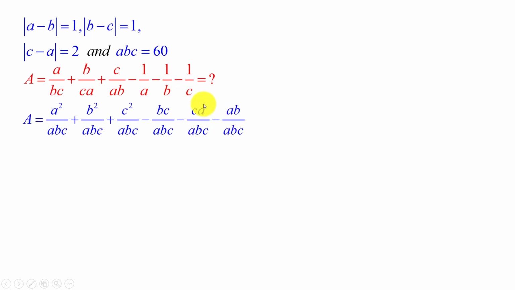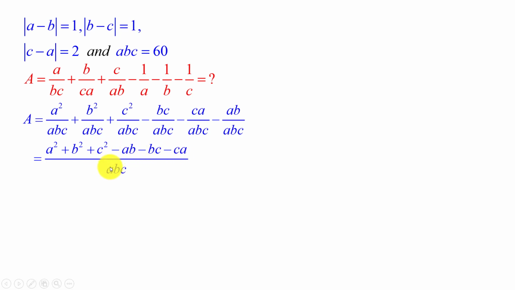We see they have the same denominator, so we take the denominator as 1 and we add and subtract over it. So it is equal to a squared plus b squared plus c squared minus ab minus bc minus ca.